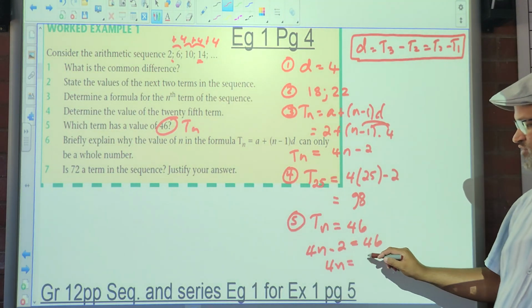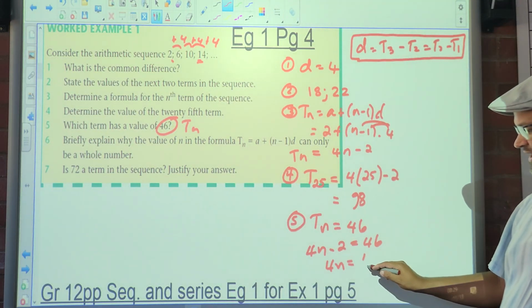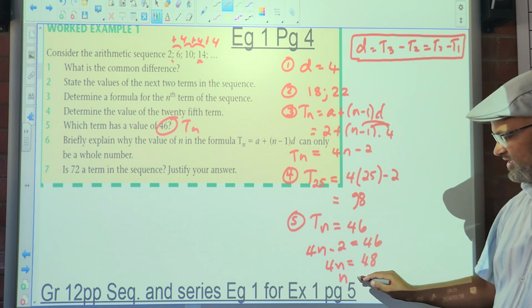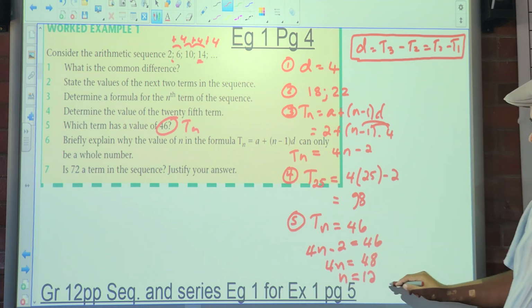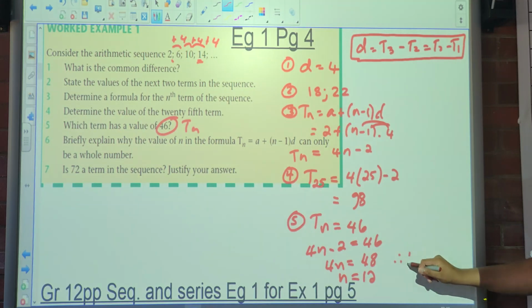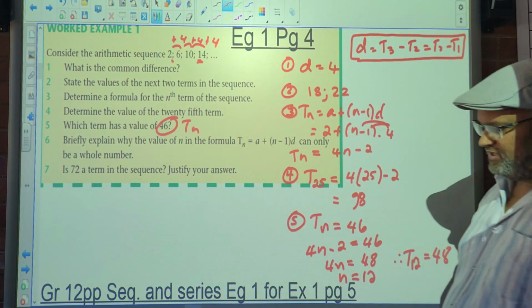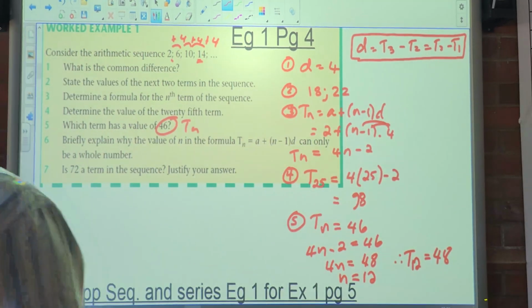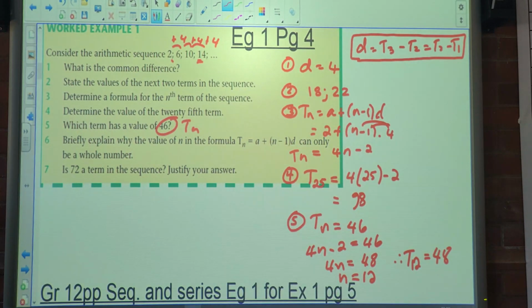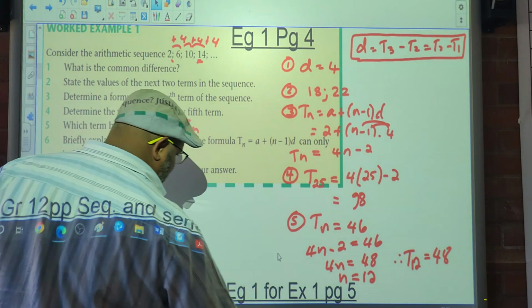So in this case, I'm solving for n. 46 plus 2 is 48. So n works out to be 12. What does that mean? Therefore, T12 is equal to 46. You all agree with that? Right.